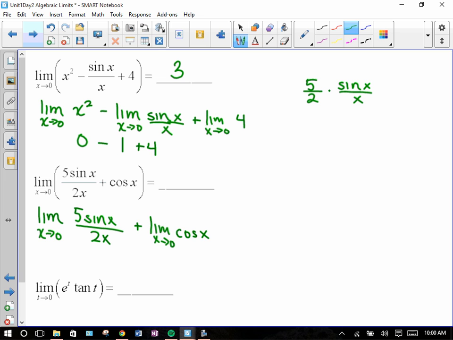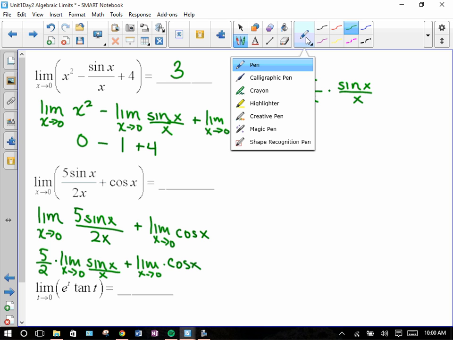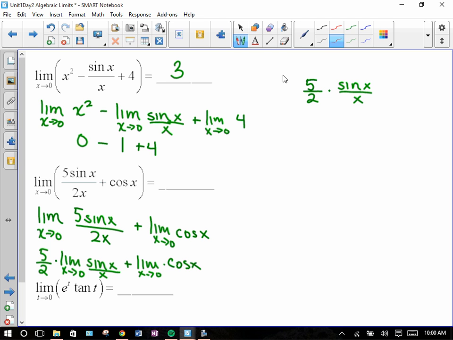So this is going to be equal to 5 over 2 times the limit as x approaches 0 of sine x over x plus the limit as x approaches 0 of cosine x. Awesome.